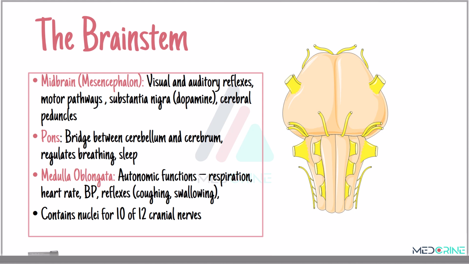The pons, on the other hand, connects the cerebellum with the cerebrum and regulates breathing and sleep. And lastly, the medulla oblongata controls autonomic functions such as respiration, heart rate, and blood pressure. It as well houses the nuclei for most of the cranial nerves, making it vital for reflexes, for example, coughing and swallowing.